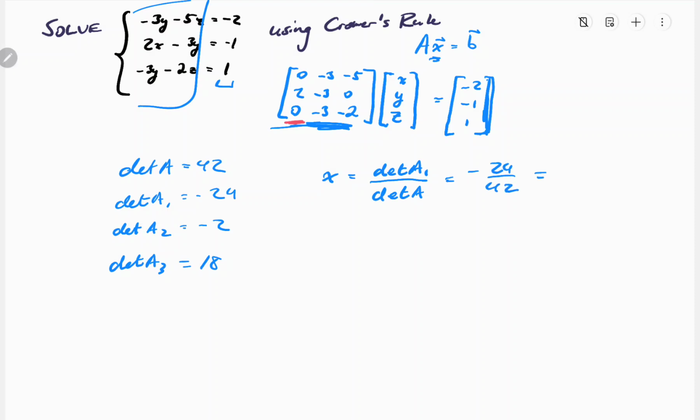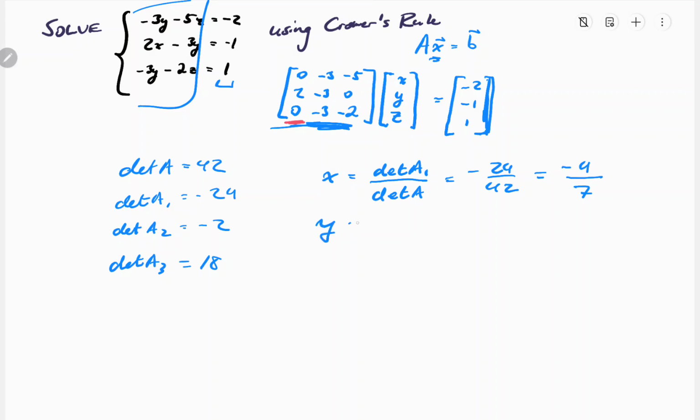They are both divisible by 6. So 42 divided by 6 is 7, and 24 divided by 6 is 4, right? Sorry, my brain's kind of messy right now.